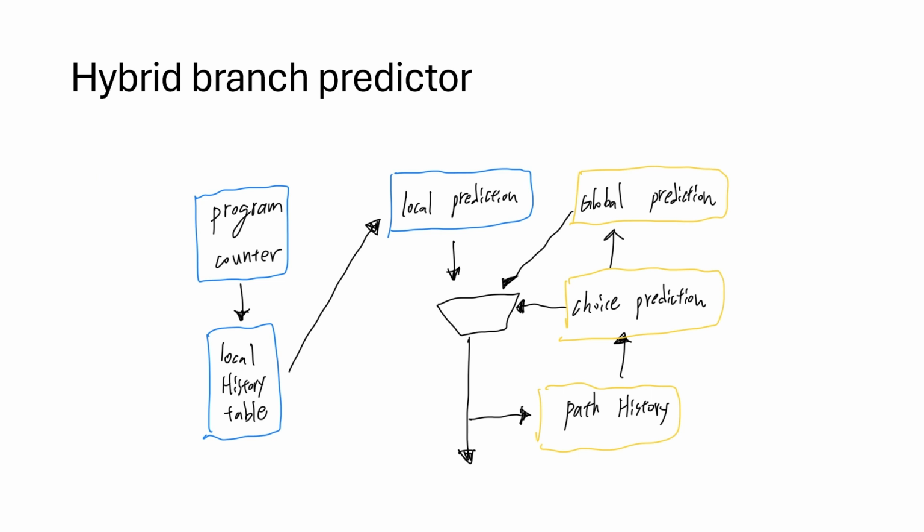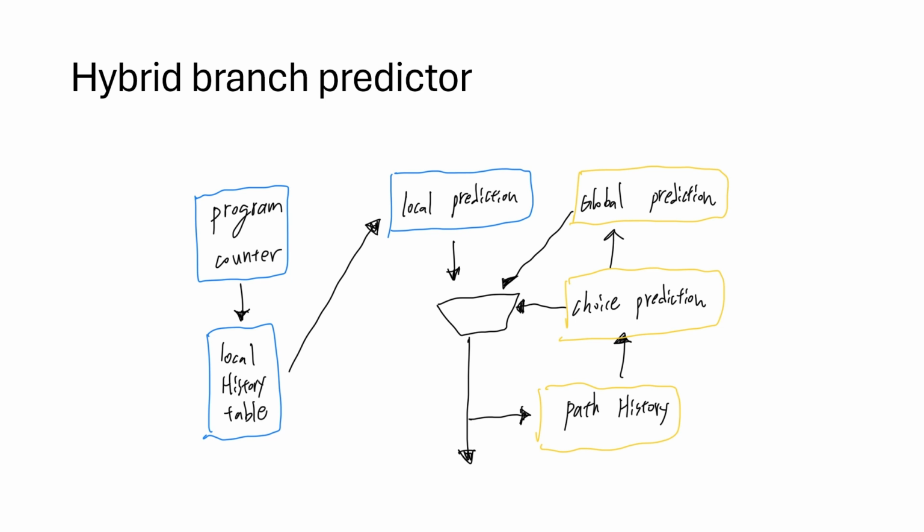And the last one is the hybrid branch predictor. Some branches are suitable for prediction using local history, some suitable for global history, and sometimes the 2-bit counter is already enough. So the idea of hybrid branch prediction is to use multiple branch predictors and then select the one which is the best and most suitable for the branch.